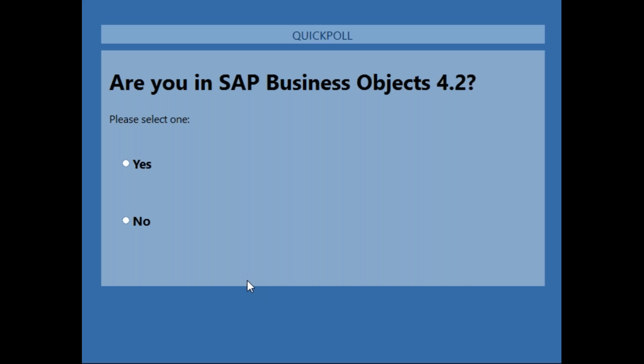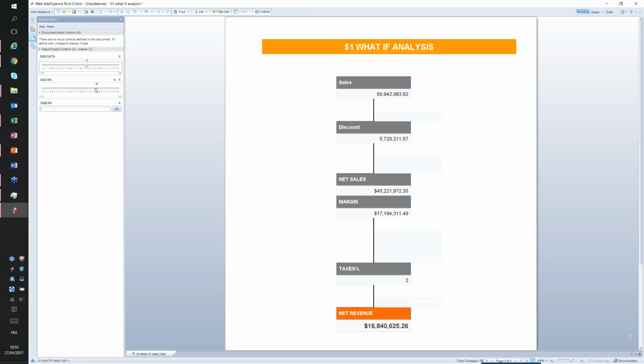I will see the result quite immediately. If I increase my sales up to 60%, you will see the result. And now if taxes have increased from 2% to, let's say, 33%. By doing this, you have a way to simulate the result and how the net revenue can evolve.